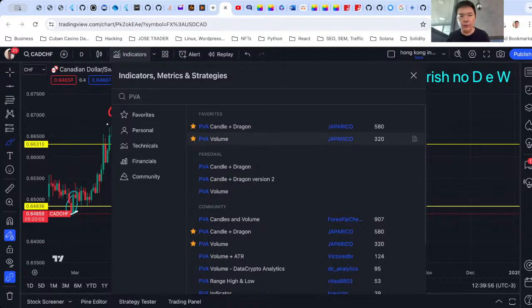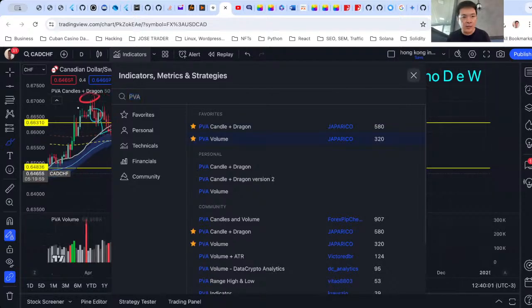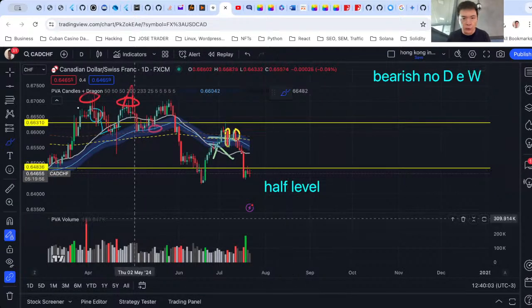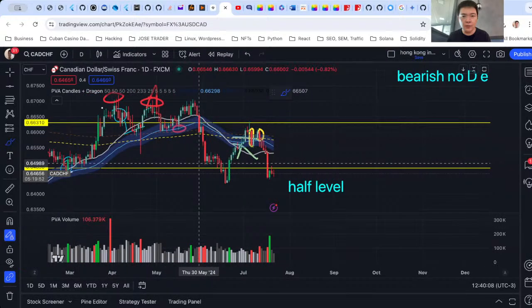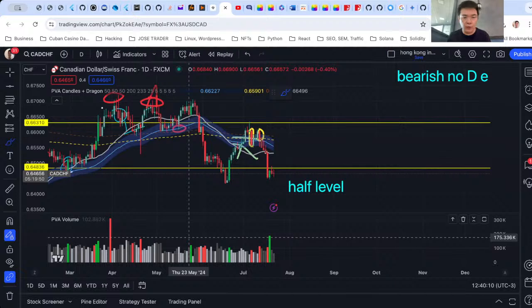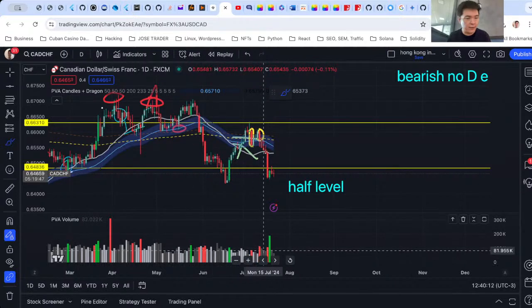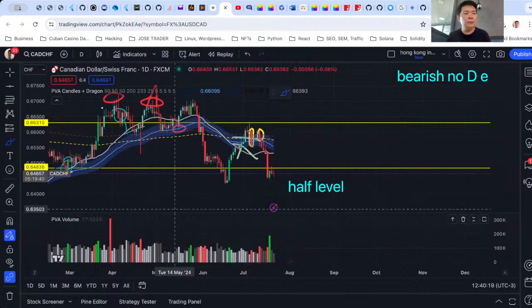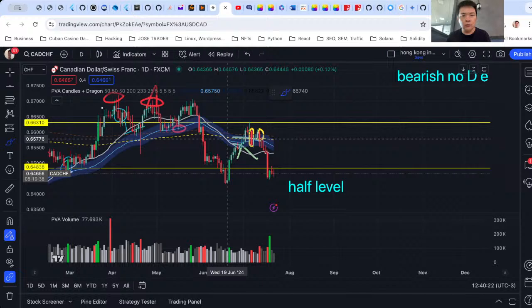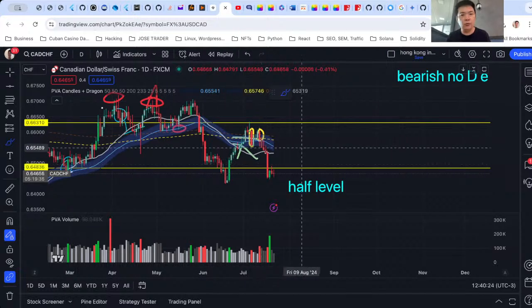So all you have to do now is click on this one, and click on this one, and voila, they are being plotted for you. You can see that the colors have changed, and you see the PVSRA volume, the colors here also have changed. So before you didn't have a volume indicator, now you have a volume indicator. And before, the price candles were not colored. Now the price candles are colored according to PVSRA.